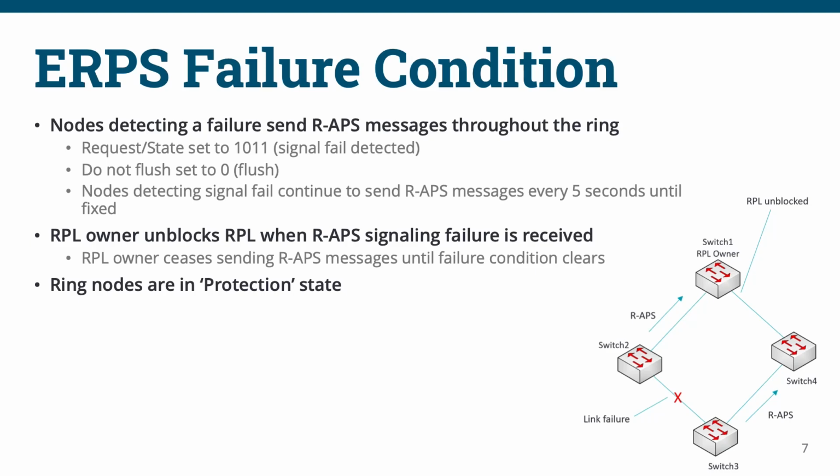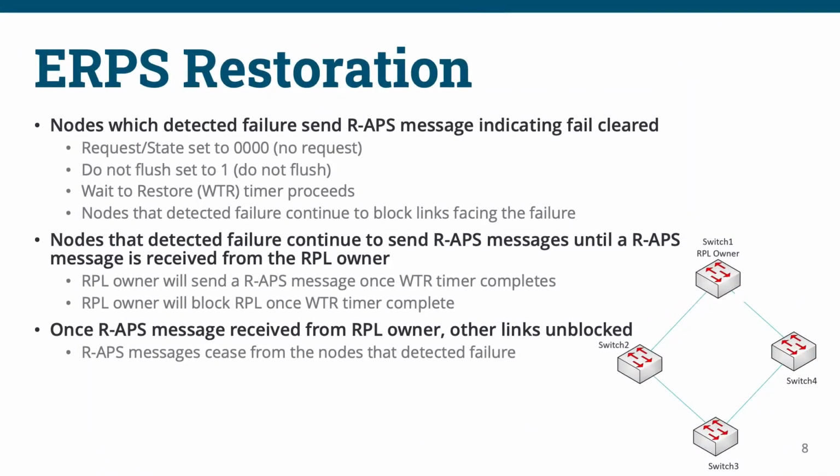This state of the ERPS ring is called the protection state, where the RPL is unblocked due to a detected failure. Now, let's review the process the nodes follow when the link is repaired so the ring may return to the normal operation state. When the node that detected the failed link sees that the link is now restored, it will continue to block the port connected to that link and will adjust its RAPS message.